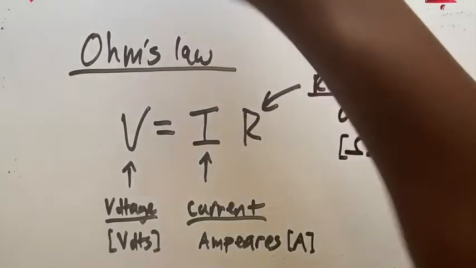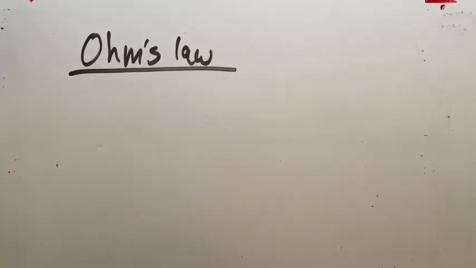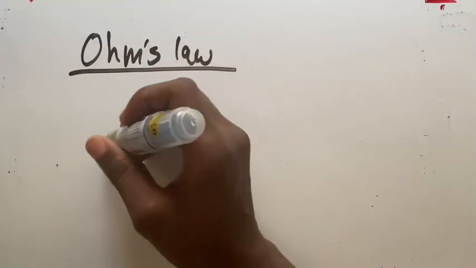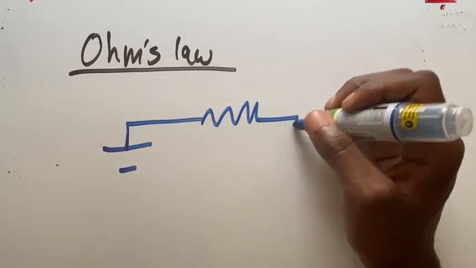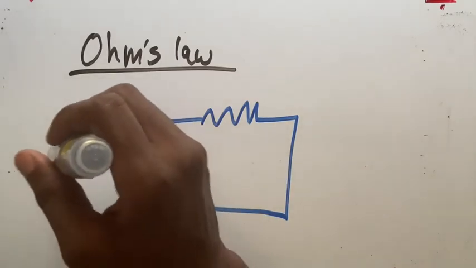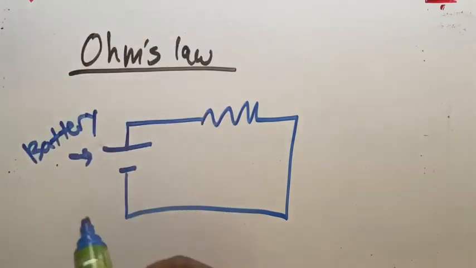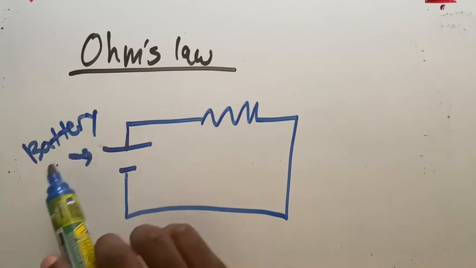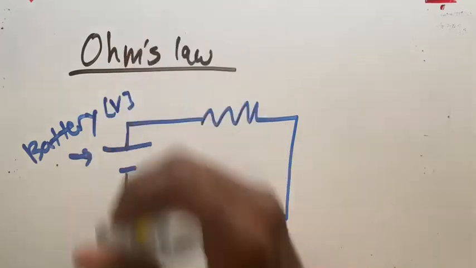So just to give you a quick example of how that works. This is how we draw our circuit diagrams. Boom. Where this here is the battery. The battery is what's supplying the voltage source, right? So this battery has the voltage source.